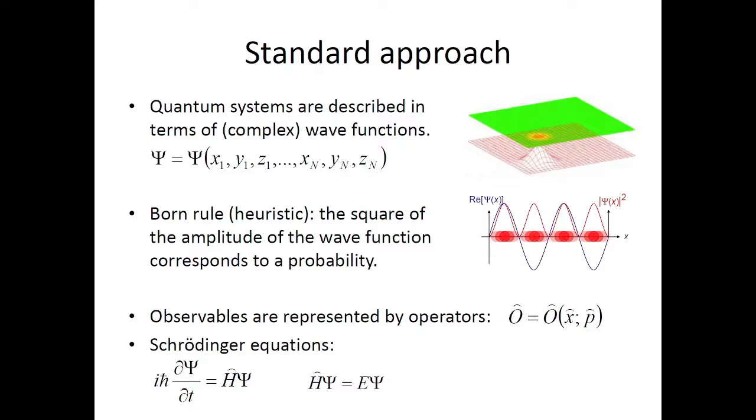We have two main equations which help us to predict what is going to be the wave function of the system. The first one, that I am showing here with the pointer of the mouse, is the time-dependent Schrödinger equation, and the second one, which I am showing here on the bottom right of the slide, is the time-independent Schrödinger equation.